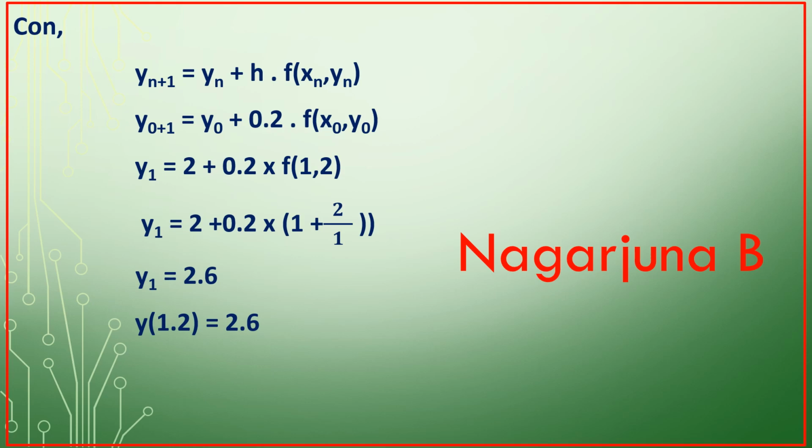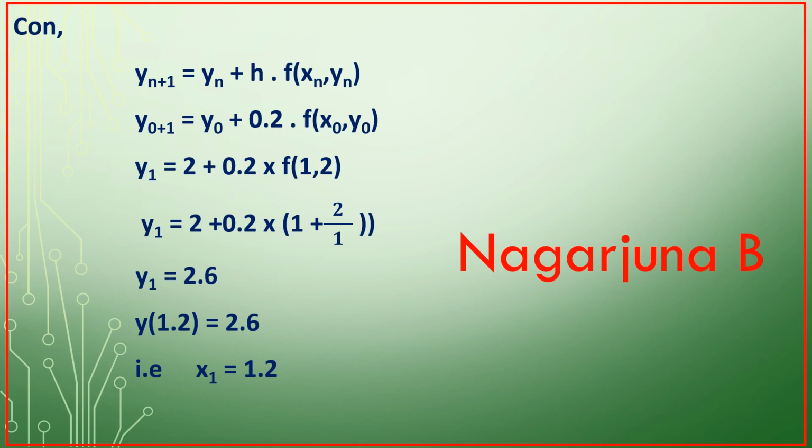That is nothing but y of 1.2 is equal to 2.6, that is the value of y is equal to 2.6 at x is equal to 1.2, but we need to calculate the value of y at 1.4. That means we need to make this step one more time.